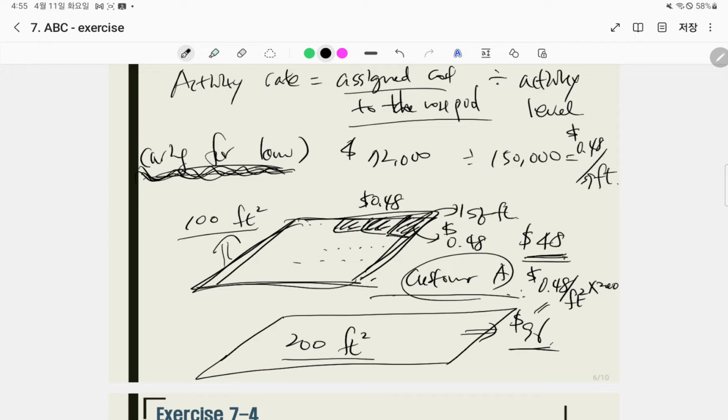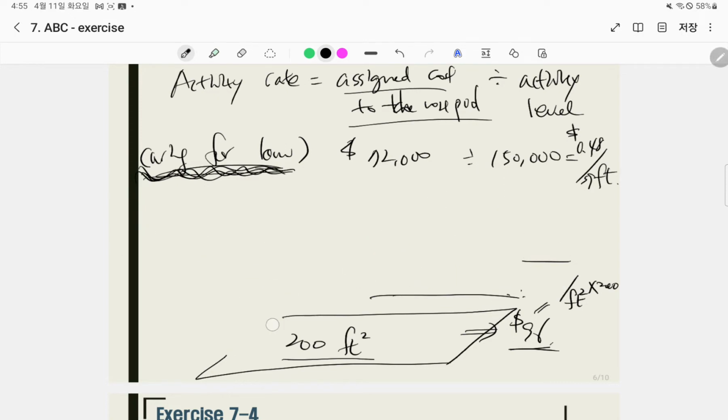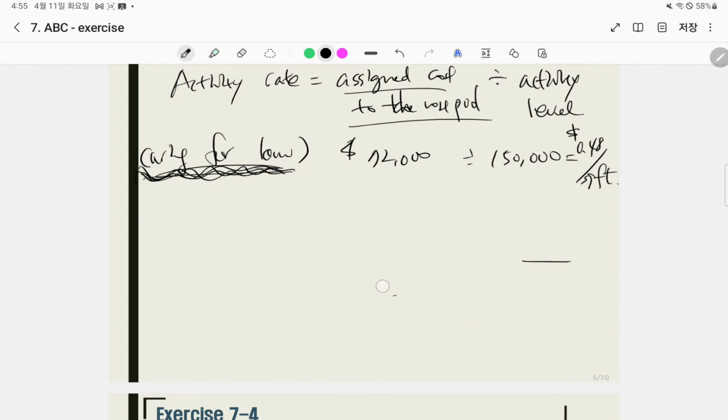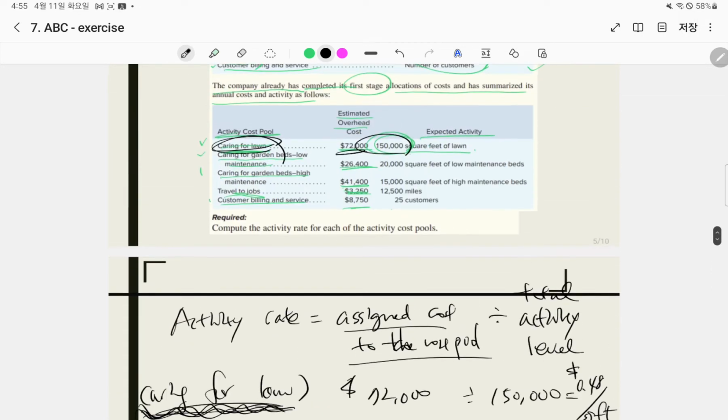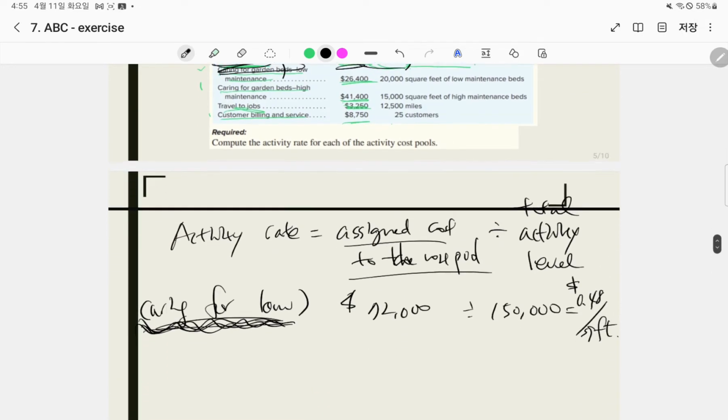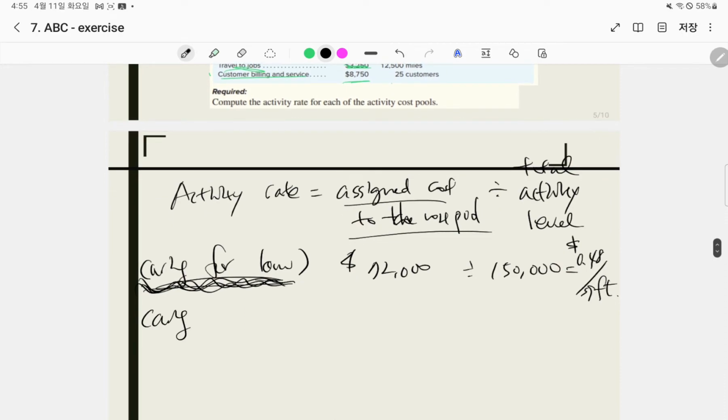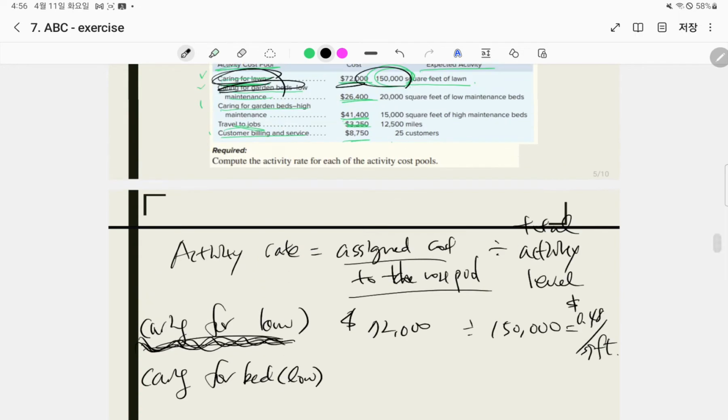So it is just an example. Let's go back to our question. How about the carrying cost for gardening bed with low maintenance?